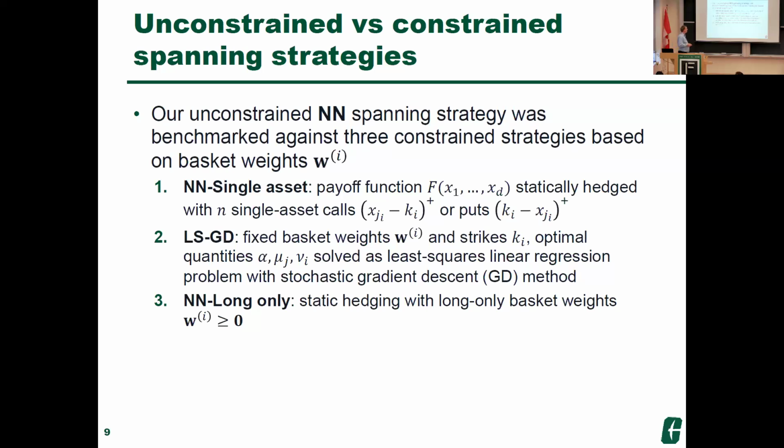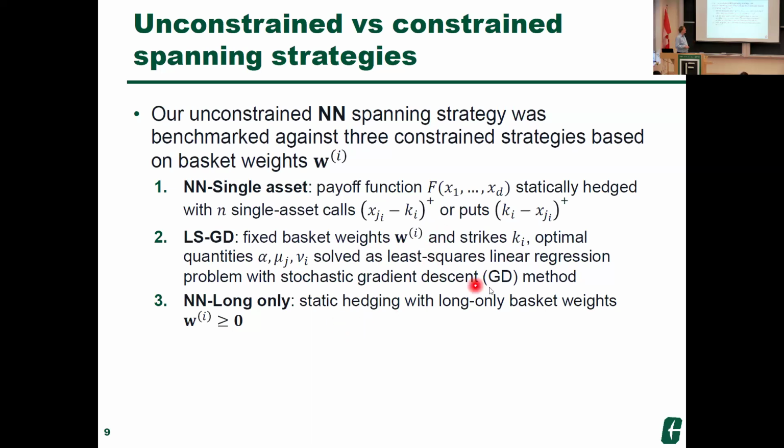Industry likes hedging with just single asset calls and puts, because these can be sourced even from listed markets. So in this case, we have a highly nonlinear payoff in all the dimensions, and we try to hedge this with just vanilla calls and puts on a single asset. And of course, we can change the asset and let the optimizer choose the best hedge here.